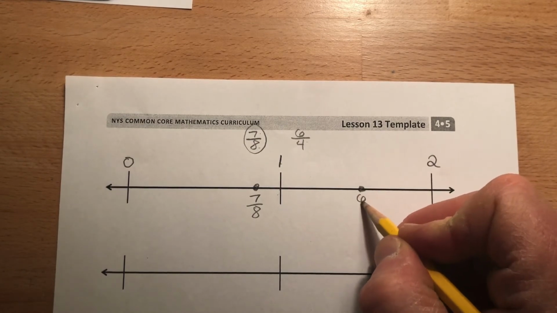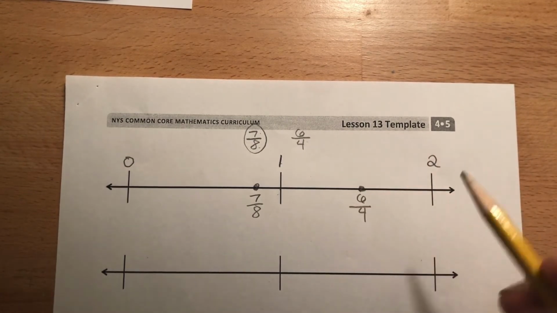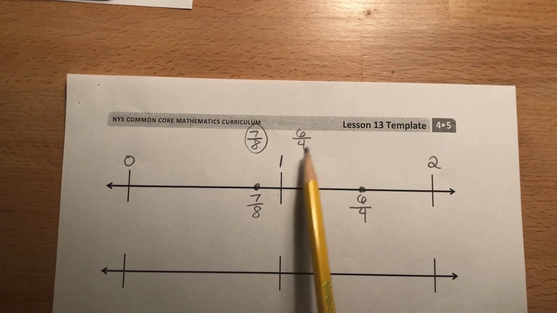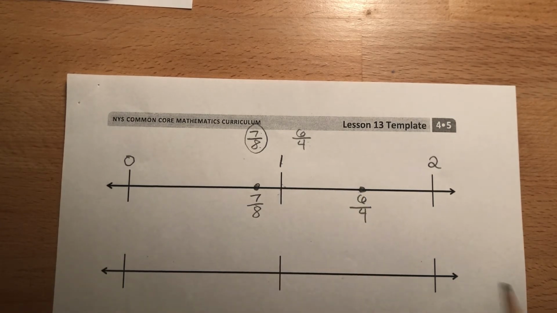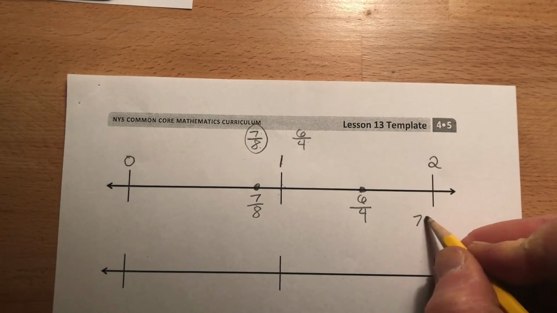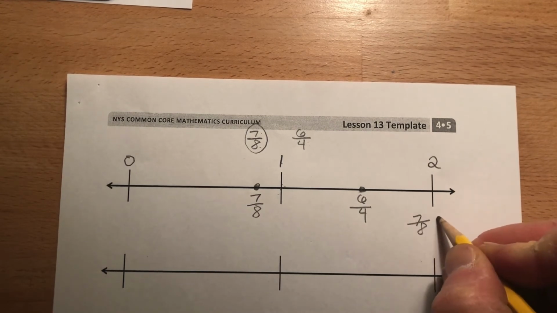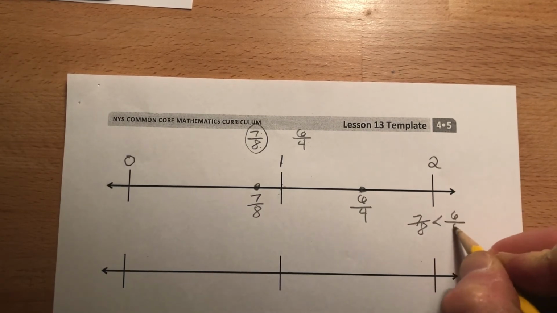Okay? Because if I see 6/4, I have to know in my head that 4/4 would be exactly 1. So this is a little bit higher, it's 2/4 higher. Okay, hopefully that makes some sense to you. And then I can compare them. I can say, well, 7/8 is less than 6/4.